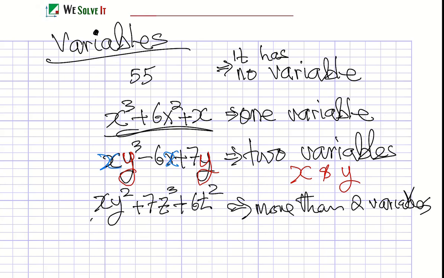Notice that this is a variable, this is a variable, this is a variable, t is a variable. That one got 4 variables. So like I said, we're only gonna deal with a polynomial with one variable. That's something for you to know.